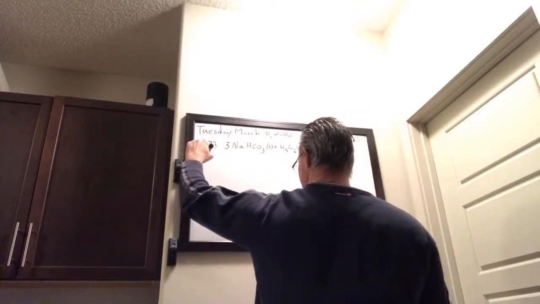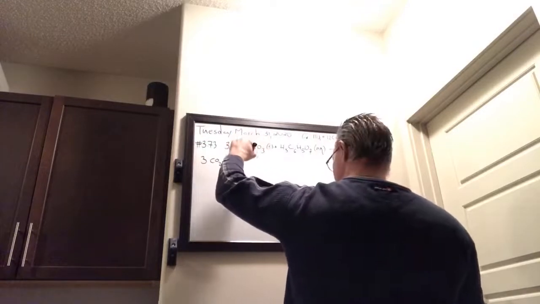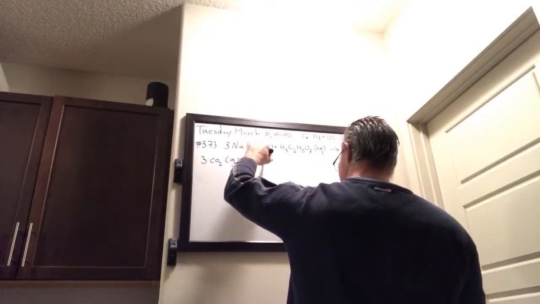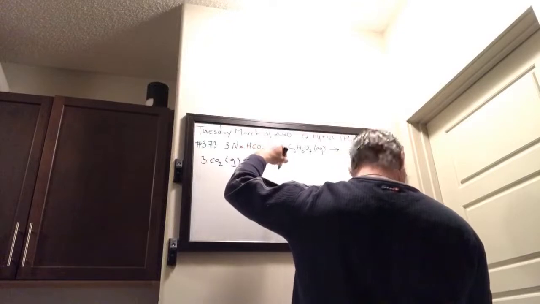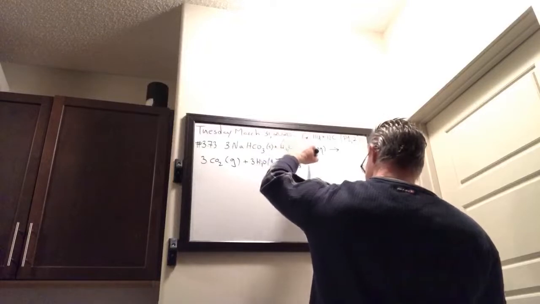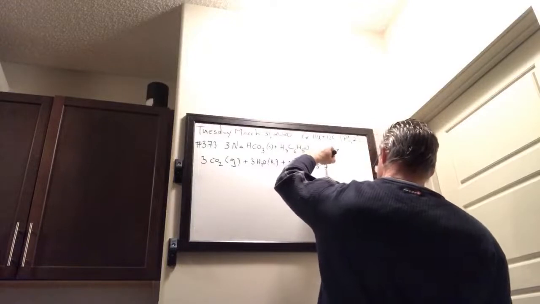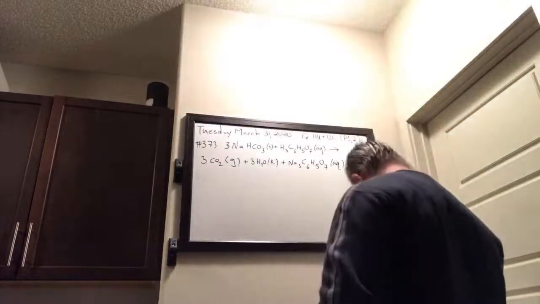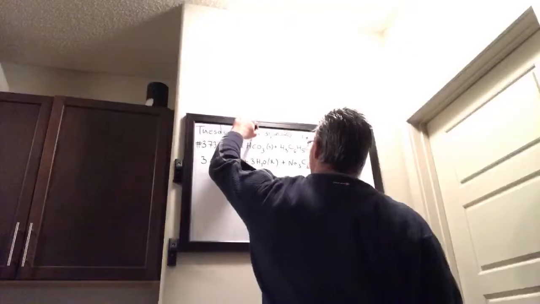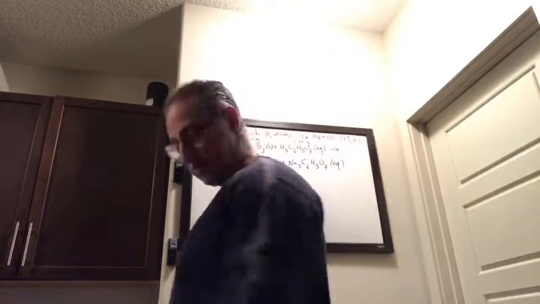I don't have enough room, so I have to start here. 3 CO2 gas plus 3 H2O liquid plus Na3C6H5O7. And 1 gram each of those two. 1 gram of sodium bicarbonate and 1 gram of citric acid.